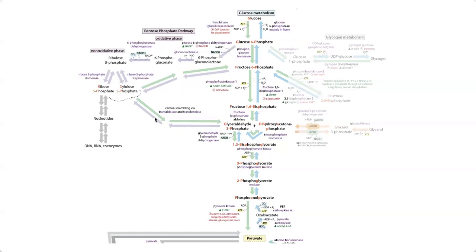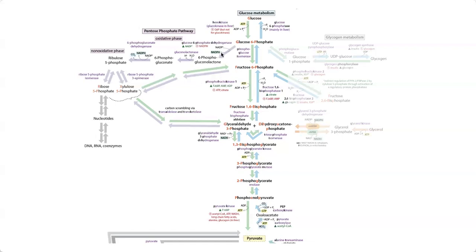Basically, we can merge these together, going back and forth between these two pathways in order to generate these riboses, and cofactors, DNA, RNA, whatever. We can take carbons from here and carbons from here, merge them together, and get our nucleotides. And we could do that even if we didn't do the oxidative phase. We could take these products from glycolysis and make these nucleotides.